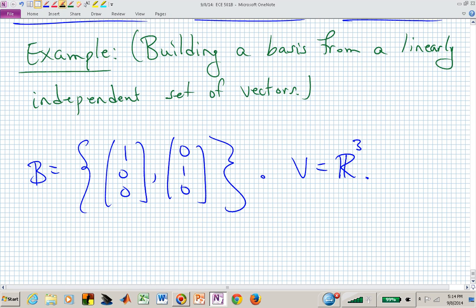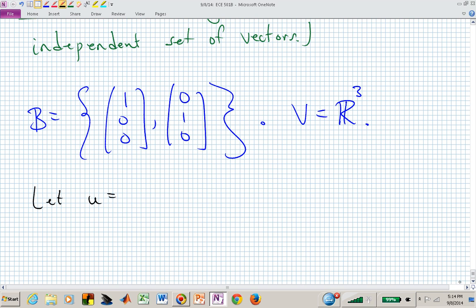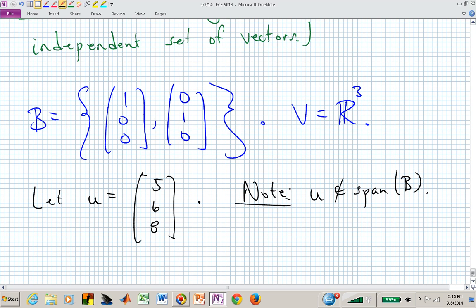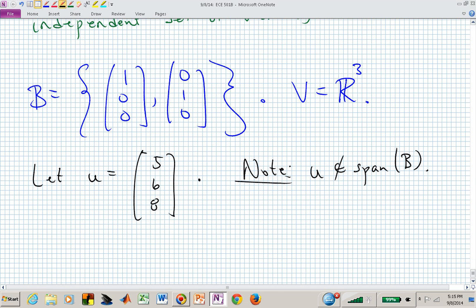Now we could pick pretty much any U we want. Let's pick one that's a little bit more interesting than the generic one that you probably want to pick. Let's just say that somebody says, I can pick a U that's not contained in the span of B. Let's say it's (5, 6, 8). So now we can see that U does not belong in the span of our original two vectors in B.